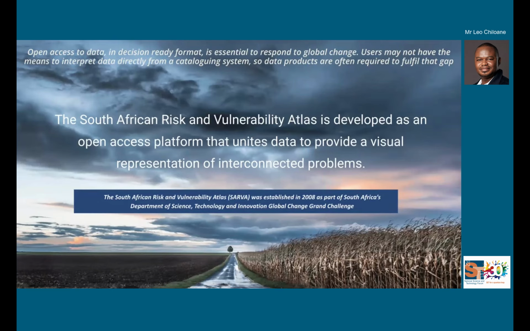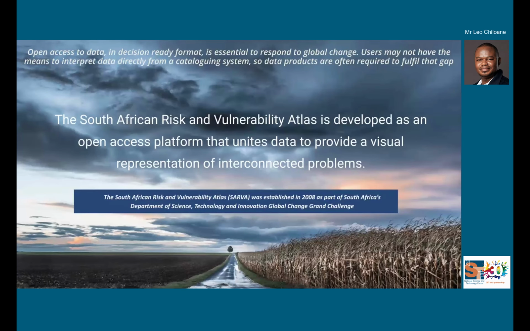This platform was established in 2008 under the DSTI as part of the Global Change Grand Challenges. It started off as a hard copy atlas, but has now moved into a digital platform to allow for dynamic updates of data products as time evolves.